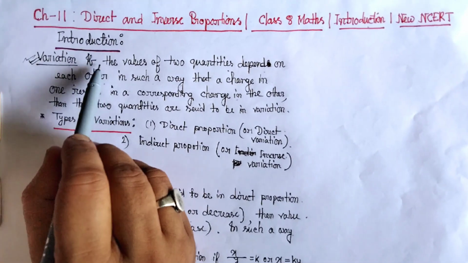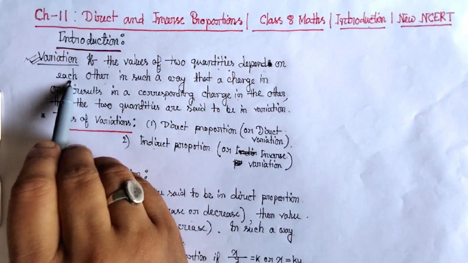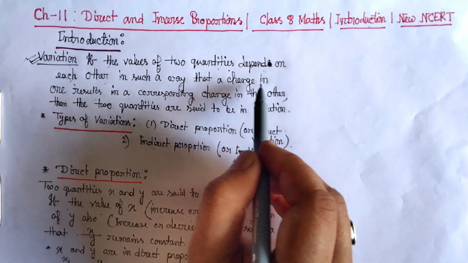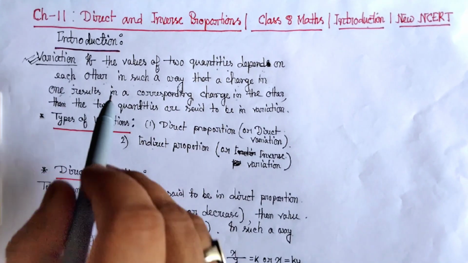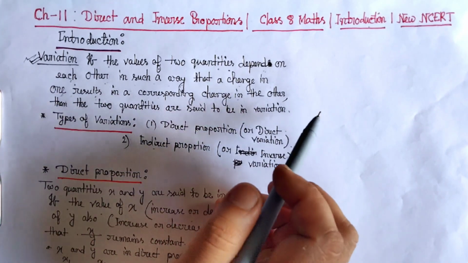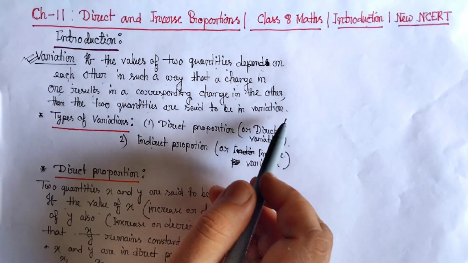What is variation? If the values of two quantities depend on each other in such a way that a change in one results in a corresponding change in the other, then the two quantities are said to be in variation.